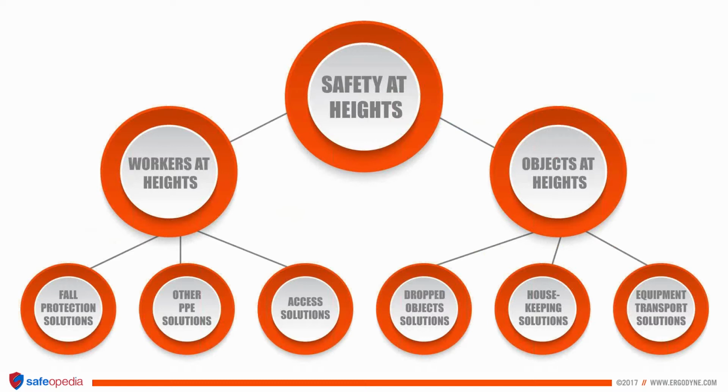And then finally, just like getting workers to and from the at heights work location safely, we want to make sure we're doing the same for the equipment that we are using and dealing with at heights. So that frames it up and gives you an idea why we talk about objects at heights management in addition to dropped objects.